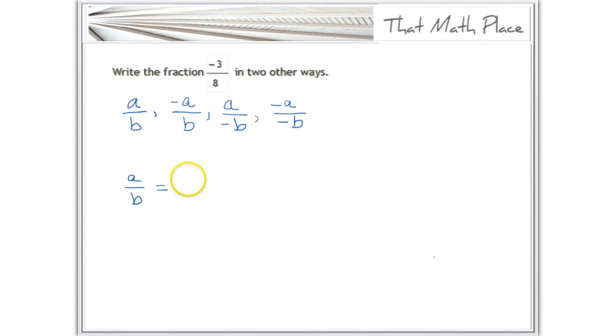And if we divide two negative numbers, our quotient is also positive. So positive A over positive B and negative A over negative B are both positive. So they're positive fractions.